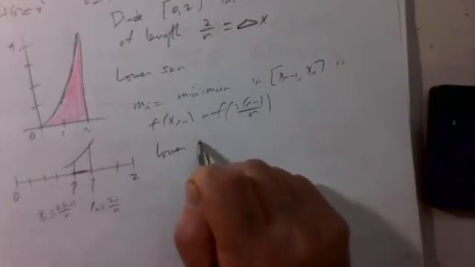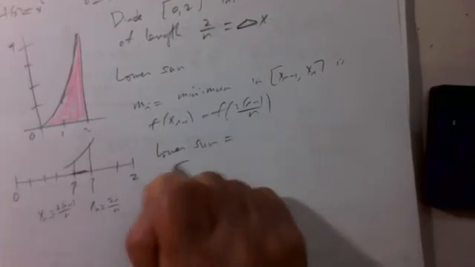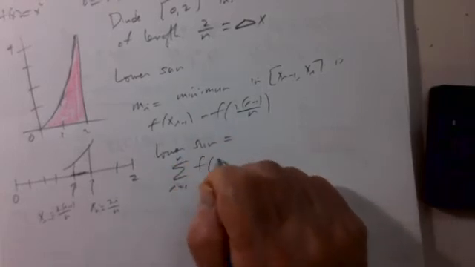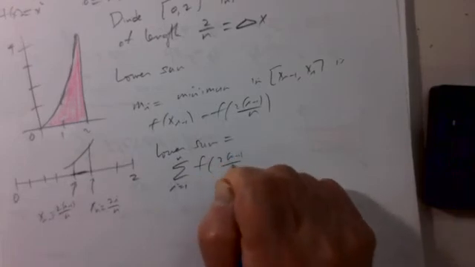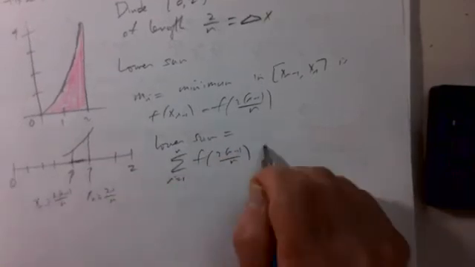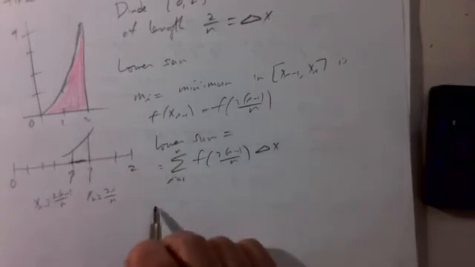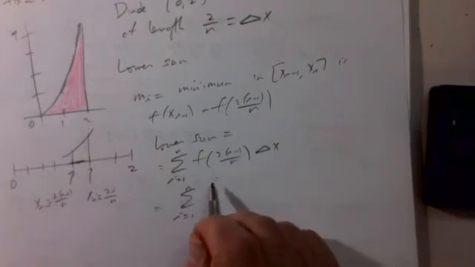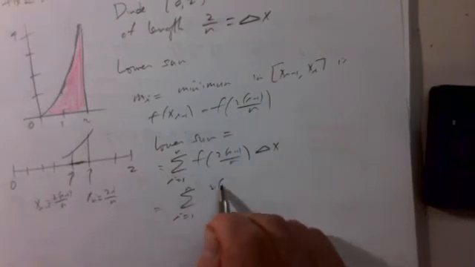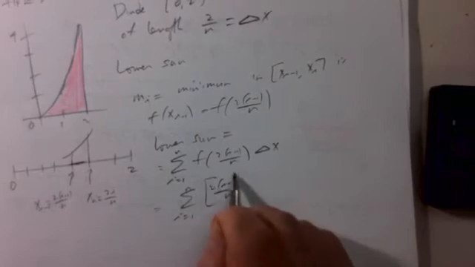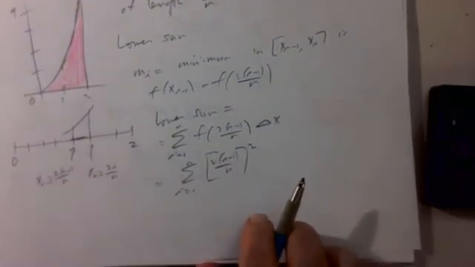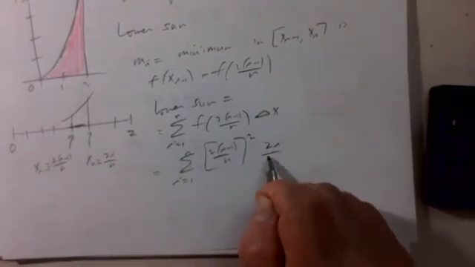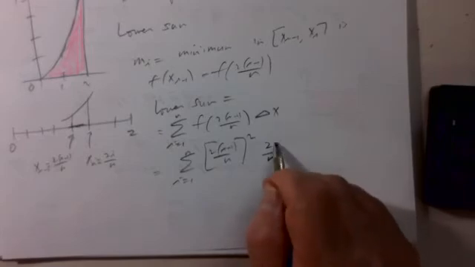So my lower sum is equal to summation i goes from 1 to n, f of 2 times (i minus 1) over n times the width of the interval. So this is summation i goes from 1 up to n, (2(i minus 1) over n) all squared, because my function is f of x equal x squared, and delta x is 2 over n.